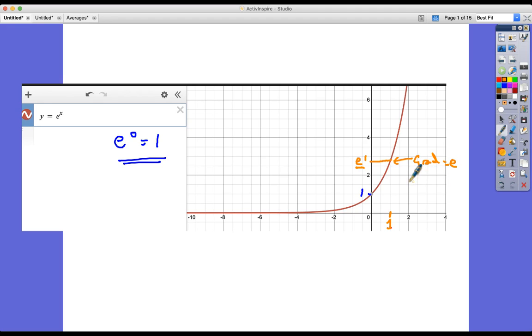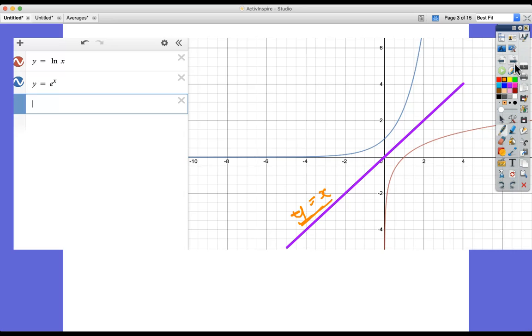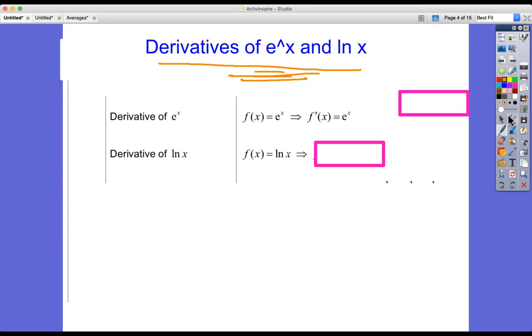And here the gradient is also 1, just like the y value. Okay, so interesting results. And the other thing to know is that when we differentiate ln x, we get 1 over x.